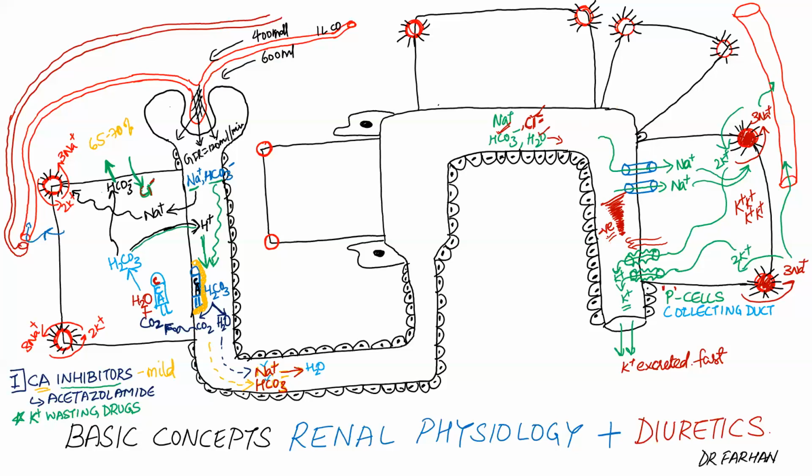Because there is so much negativity outside, they will attract the positivity from inside the cell. And so the potassium gets excreted. And since there is water also coming along, this excretion occurs very fast. There is rapid washout of the potassium ions. So carbonic anhydrase inhibitors are referred to as potassium wasting drugs. All right. So this is the concept related with the carbonic anhydrase inhibitors.